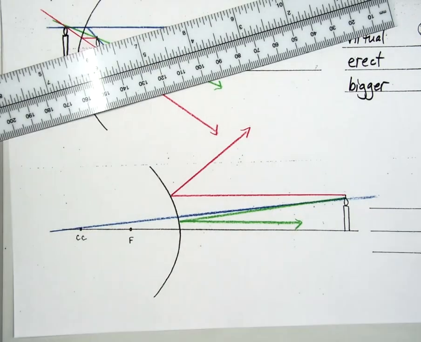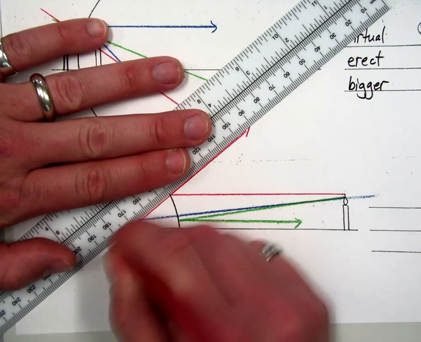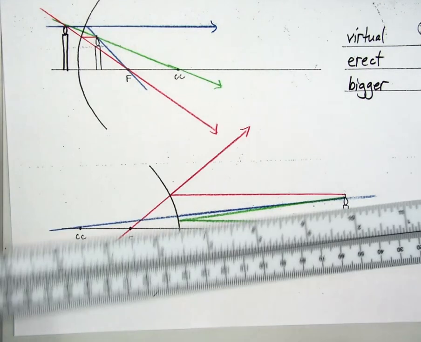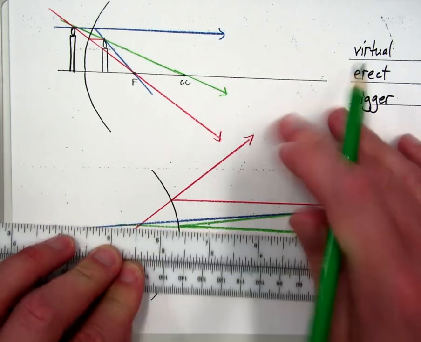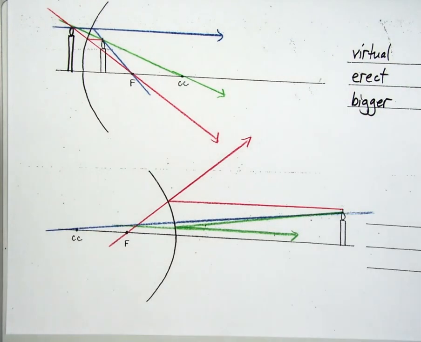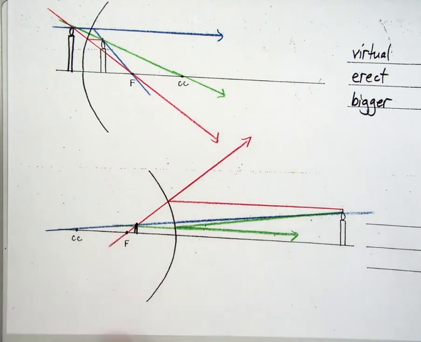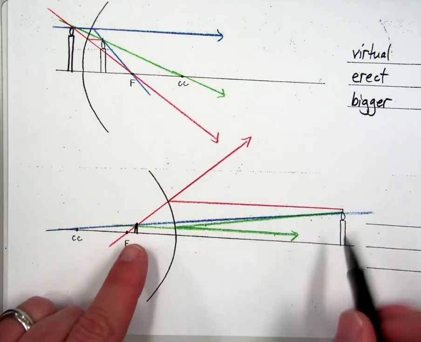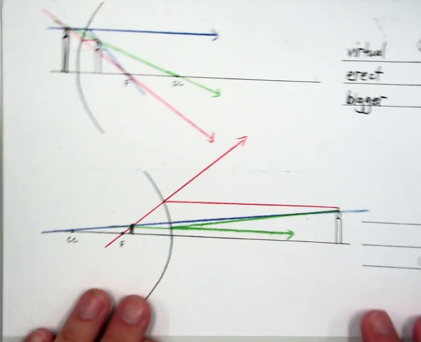Alright, no convergence point in the real world, but in the virtual world, if I continue this ray backward and I continue this ray backward, all 3 of them come together behind the mirror and make a very small virtual image. This is the image you see when you look in a convex mirror.